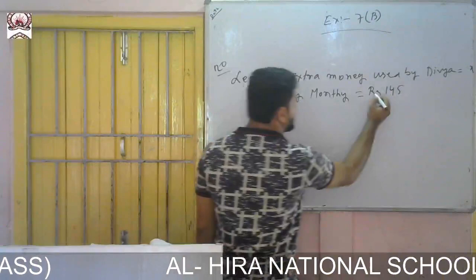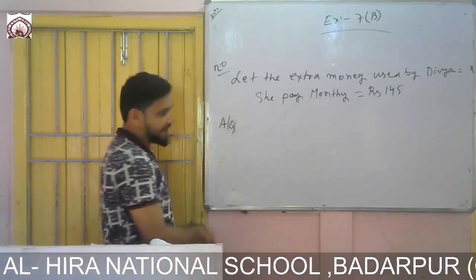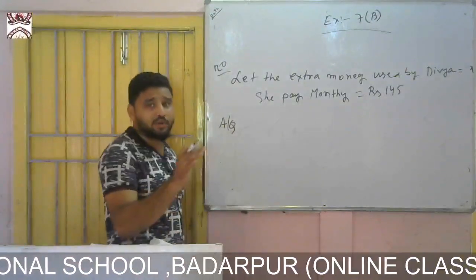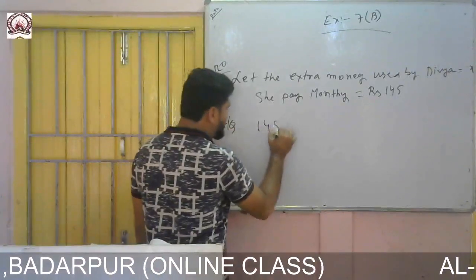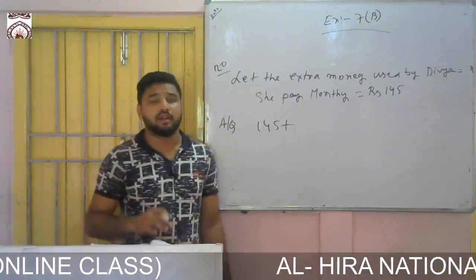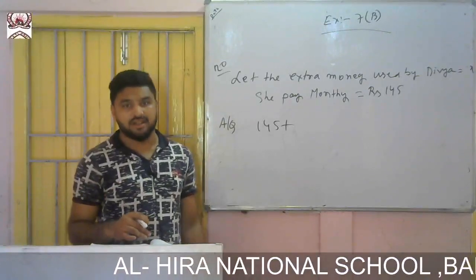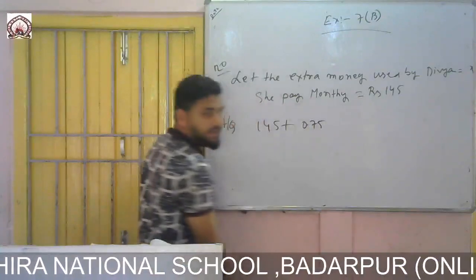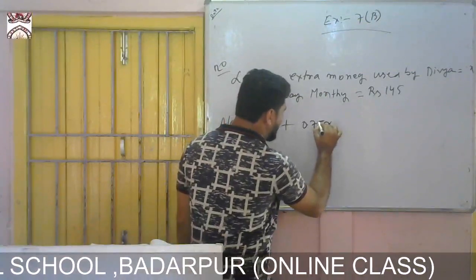Now according to the question, she has already used the pack of 1 month, that is 145. Plus, for extra minutes she pays 75 paise, that means 0.75 paise, and let the extra minutes be x.